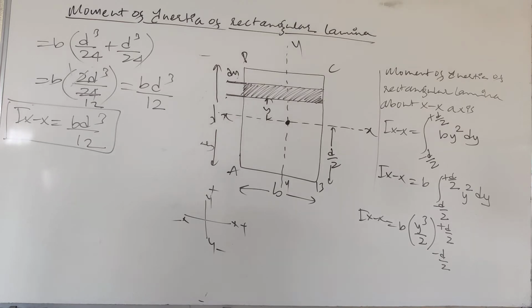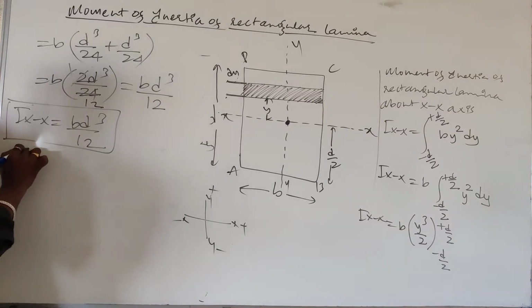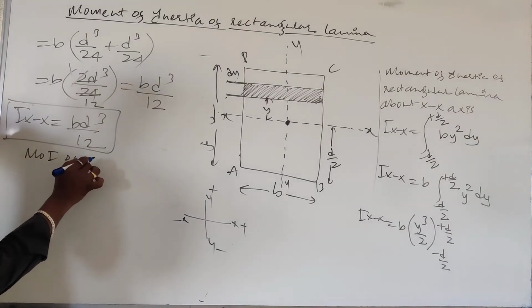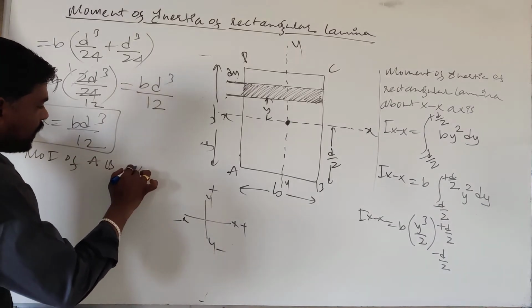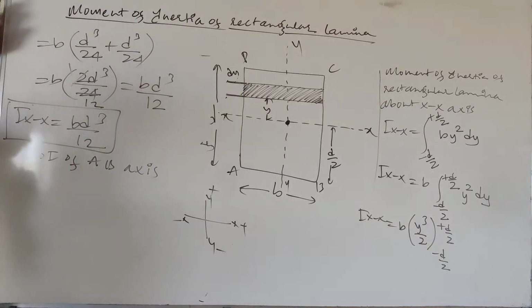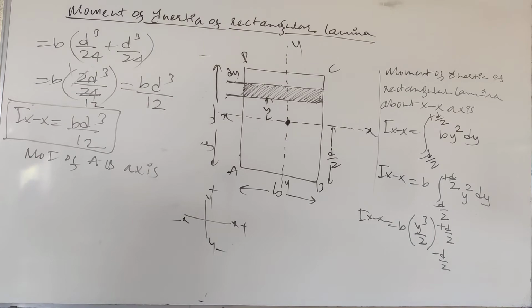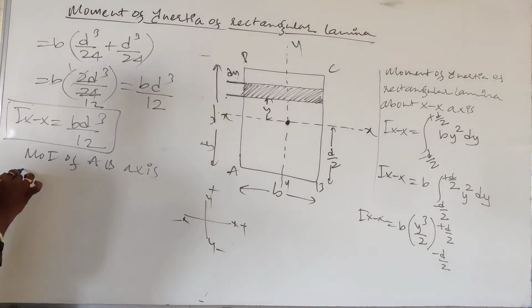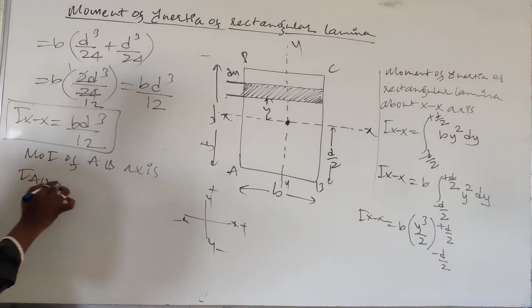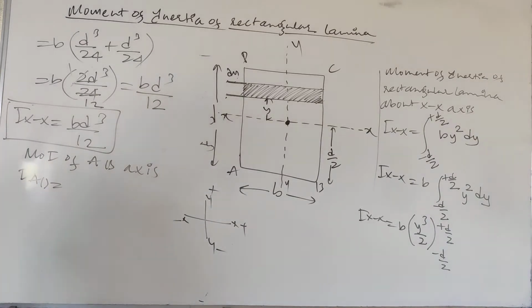Right? So then moment of inertia about the AB axis. So IAB is equal to how much?